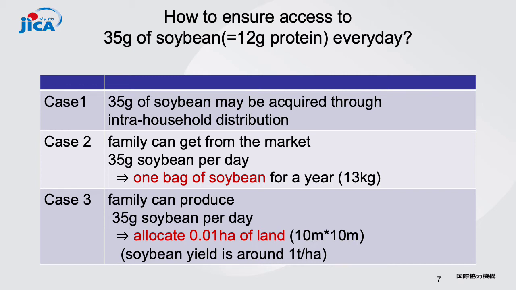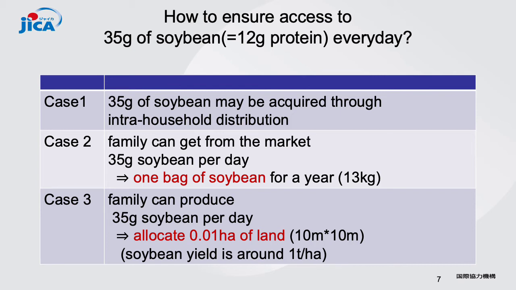We know annual requirement of soybean is 13 kilogram. 35 gram of soybean every day is equal to 13 kilogram of soybean annually. Okay, this is just not a big amount, just one medium bag size of soybean. So I think many rural farmers even purchase this. It's not so difficult.